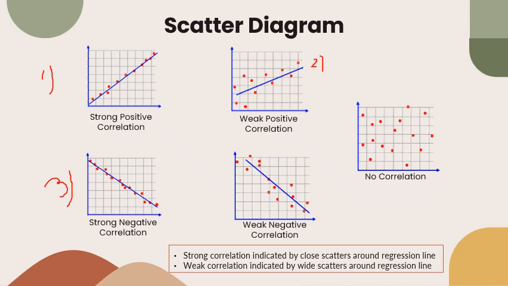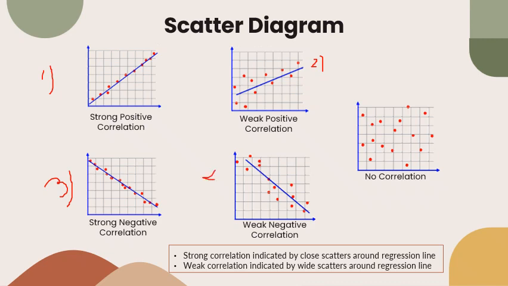You can see that the data points are almost on the straight negative line. The fourth is a weak negative correlation, dispersed, and you have more extreme values compared to the strong negative line.